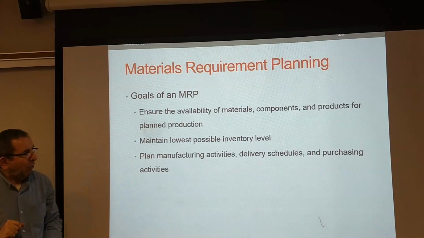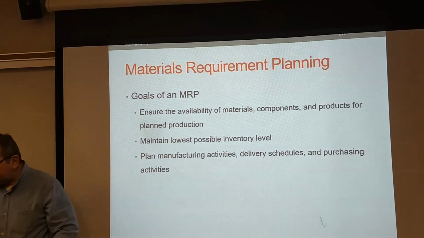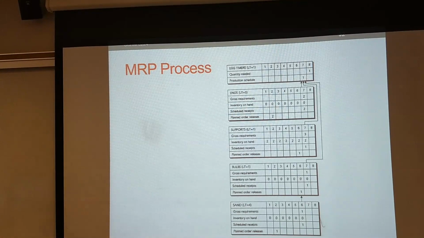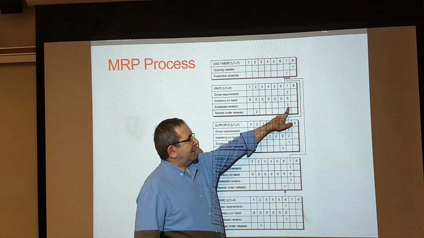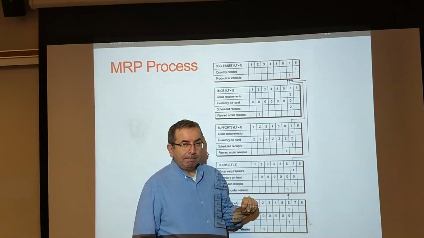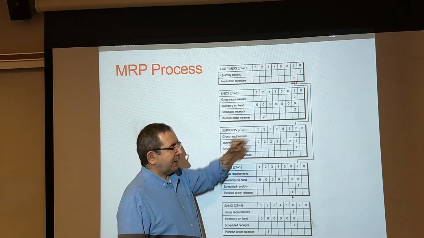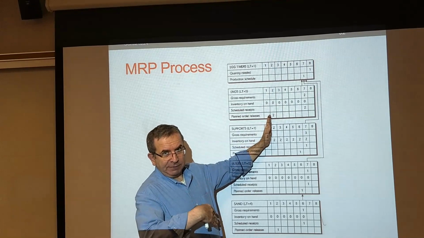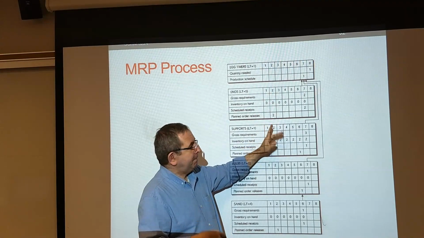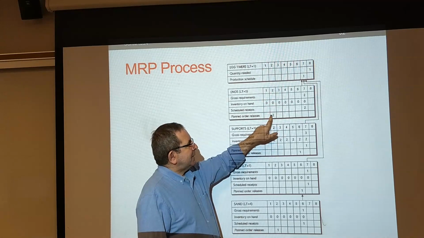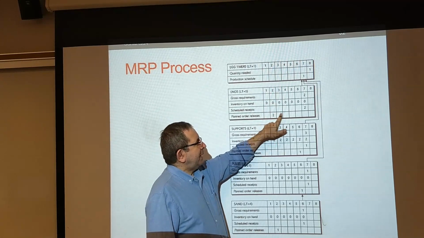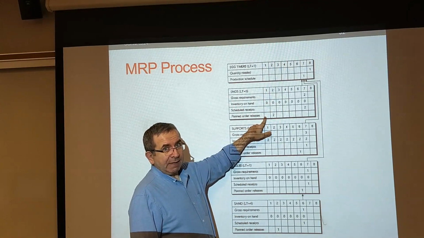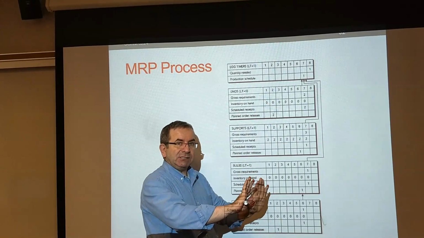Okay, so how does this work? If you look at this, here I need 2 ends delivered, right? So lead time is 5, okay? I order 5 periods ahead of time, okay? If you think about it, this is the last possible moment to place an order. Now, I could have placed an order earlier, but MRP pushes everything to the last minute.